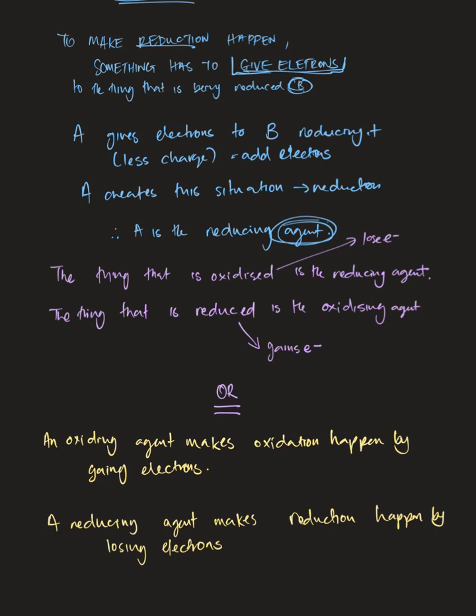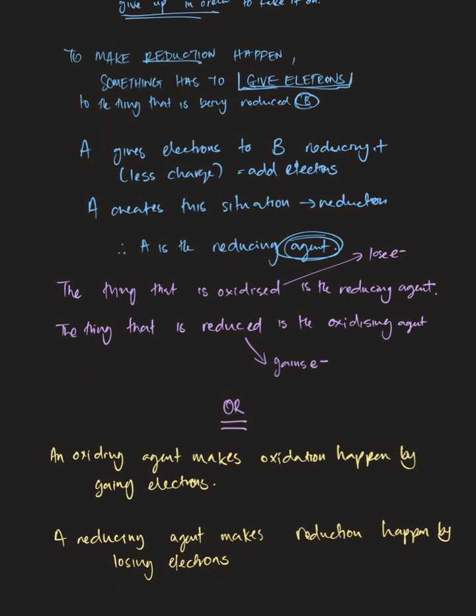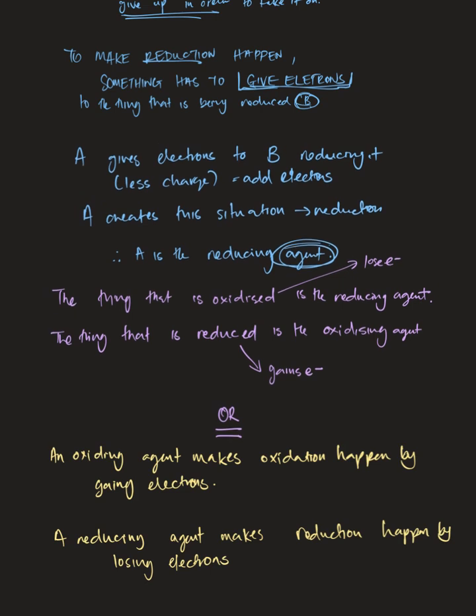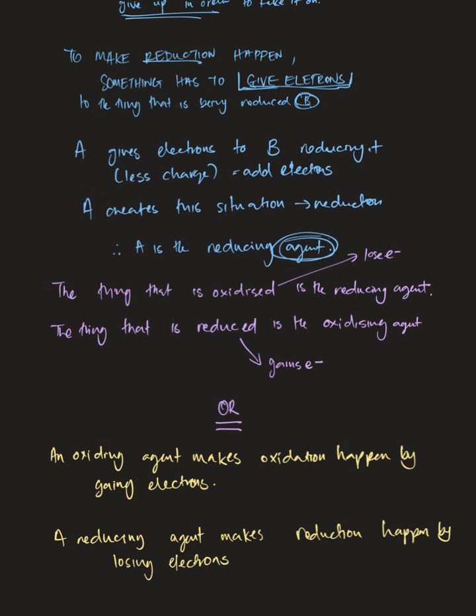So if we look at this little summary over here, what we can say is that the thing that is oxidized, the thing that loses electrons, will become the reducing agent, and the thing that's reduced, which gains electrons, will become the oxidizing agent.